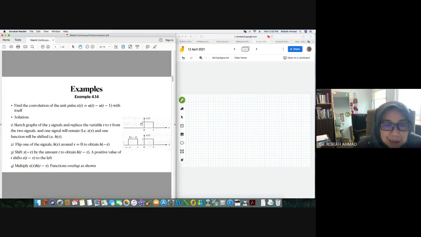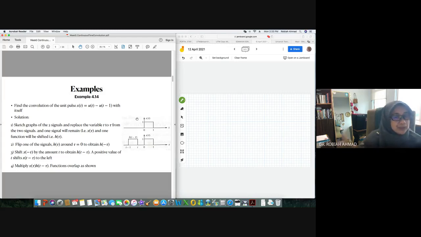Unit pulse ni yang ini. Dan kita tahu unit pulse is u(t) minus u(t minus 1). Okay, so kalau u(t) sahaja, signal kita panjang kan, tetapi kita tolak dengan u(t minus 1). So this is how we get this pulse. So find the convolution of the unit pulse x(t) with itself. So maknanya di sini kita ada dua signals, one is x(t) and another one is h(t), but both are identical.